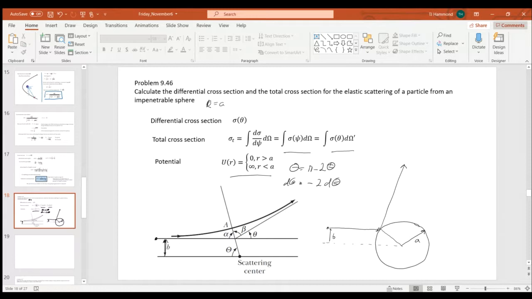And so this angle here is this capital theta. And this is alpha, and this is beta, and so this angle here would be little theta, to make it equivalent to the picture that we've seen before.